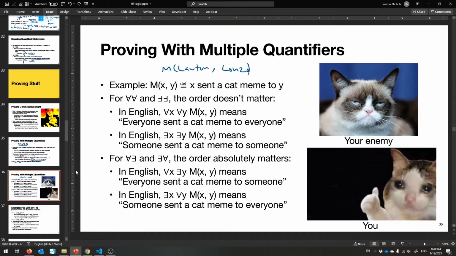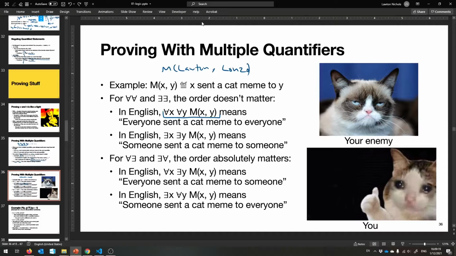So let me prove to you that for all, and there exists, don't really matter in terms of order, at least for this predicate. This is a good example of translation again. Here's how you can read this statement in English: everyone sent a cat meme to everyone. And let's see why. x is going to range over the senders, y is going to range over the receivers, and it's saying that no matter who, try everybody, everybody gets to be a sender, everybody gets to be a receiver, and this is true for all of them.